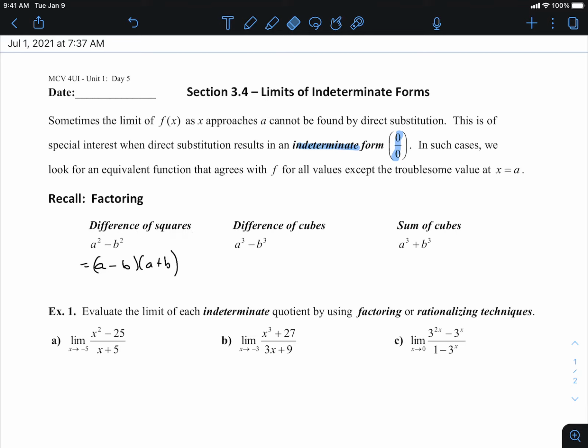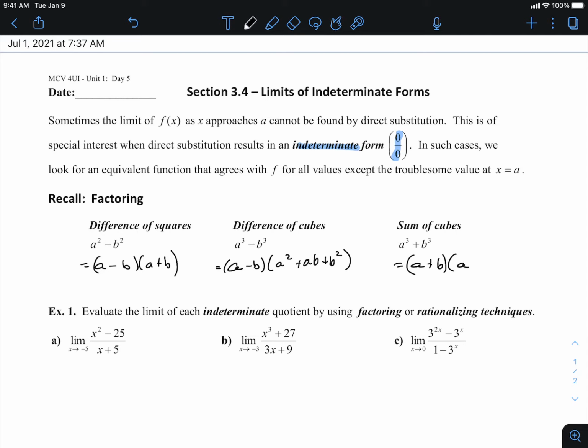Now, difference of cubes. Well, we can take a minus b out, and then we can write what's left after. It's going to be a squared plus ab plus b squared. The last one was sum of cubes. Well, we could take the a plus b out again and then write what's left.